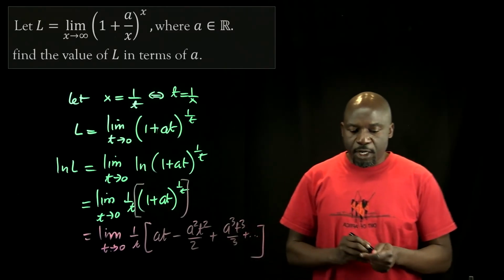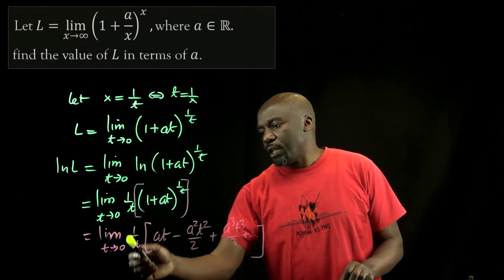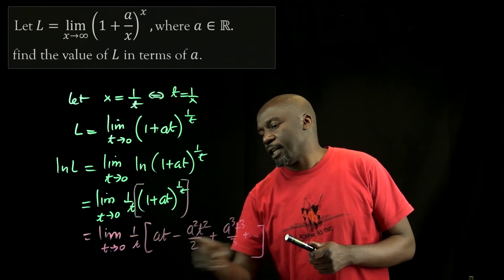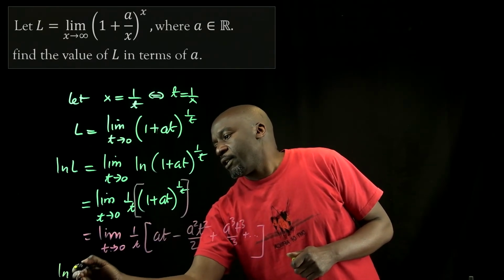Okay, we can open that bracket like that, and now I multiply this 1 over t out, and I have my ln of L.